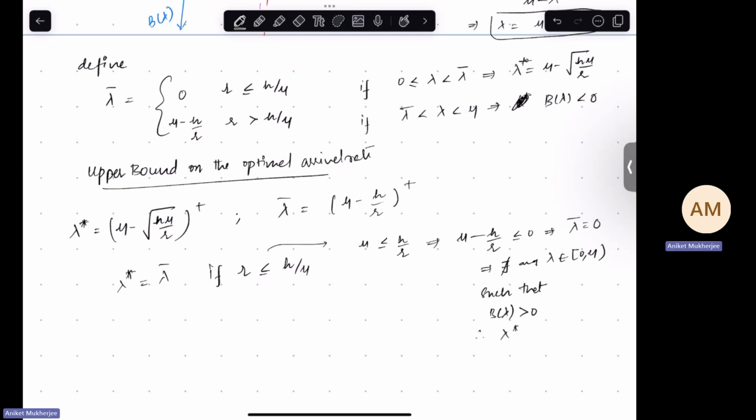Therefore, lambda star equals 0. So for this case, we saw that lambda star equals lambda bar, and if r is greater than h by mu, then lambda star is strictly less than lambda bar, right?